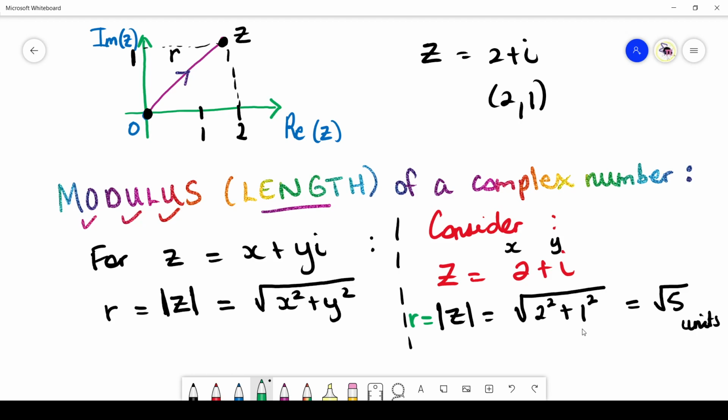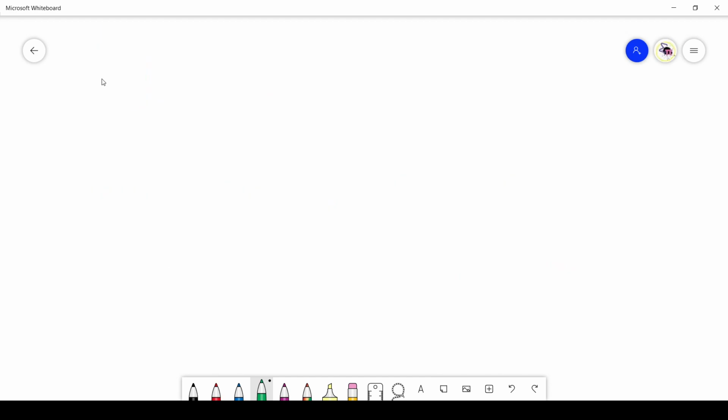I'm not going to do too many examples with this because I think it's pretty much straightforward. So let's just go ahead and get into the second part, where we need to find the value for the angle that a complex number makes with the horizontal axis, or that real axis there. All right, so let's draw our complex plane again.